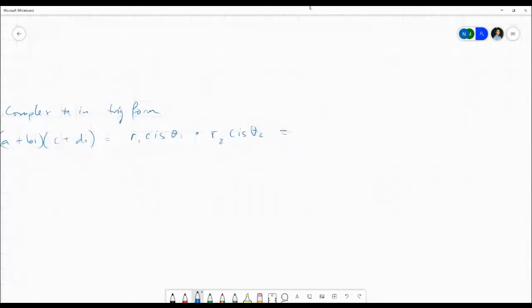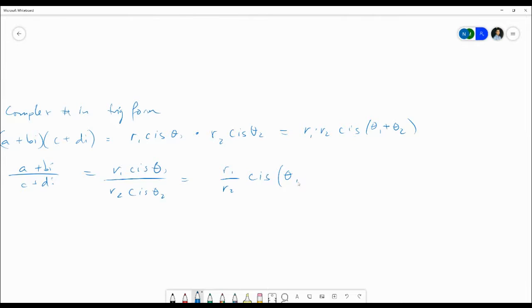To do this, we would multiply r1 times r2, cis theta 1 plus theta 2. And if I want to divide, a + bi divided by c + di, here we just divide the moduli, and for cis we are going to subtract, theta 1 minus theta 2.